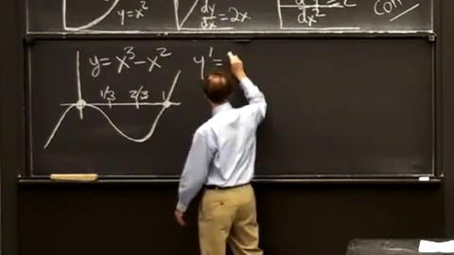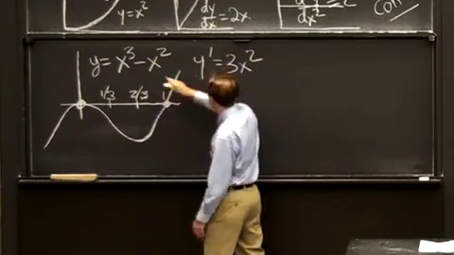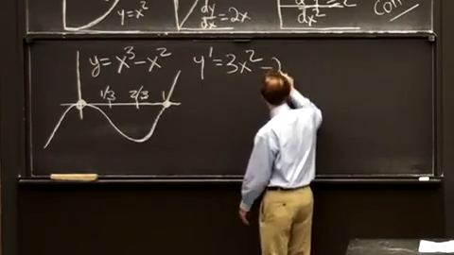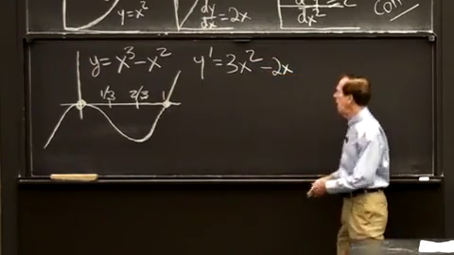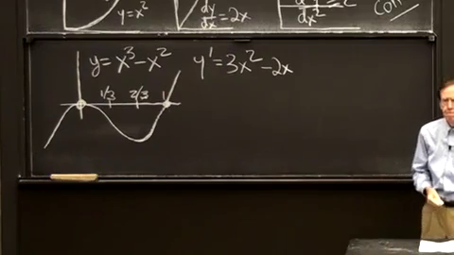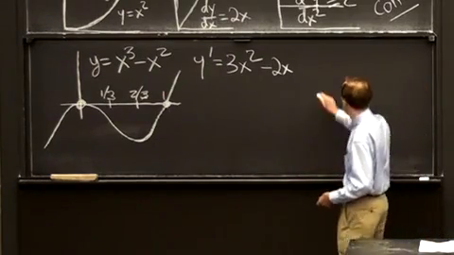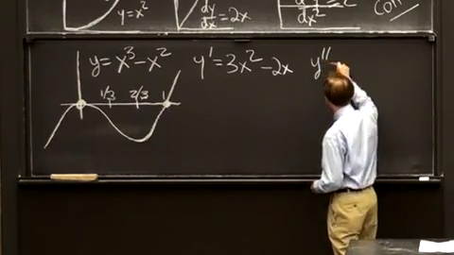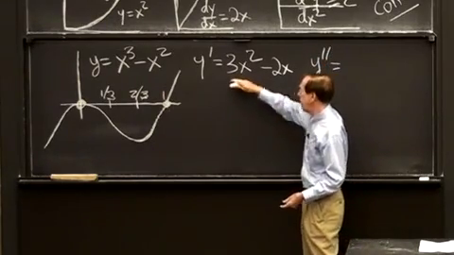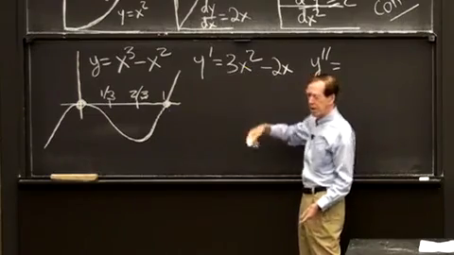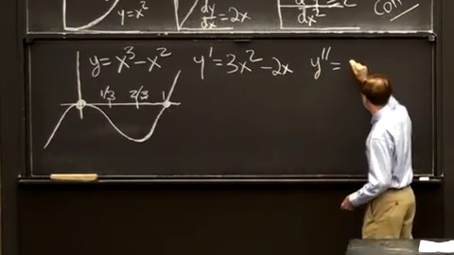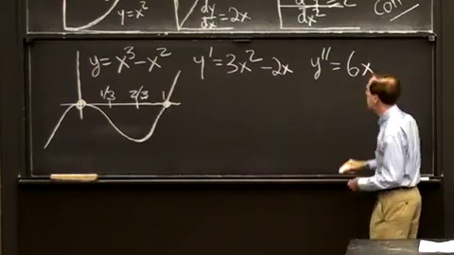is the derivative of x cubed, which is 3x squared, minus the derivative of x squared, which is 2x. And now, today, I take the derivative of that. I take the second derivative, y double prime. So the second derivative is the derivative of this. X squared is going to give me 2x, and I have a 3, so it's altogether 6x.